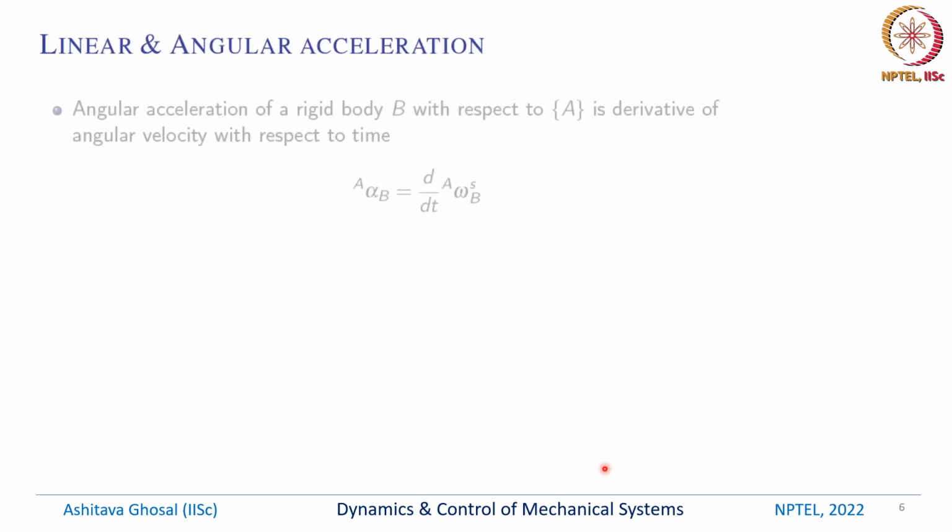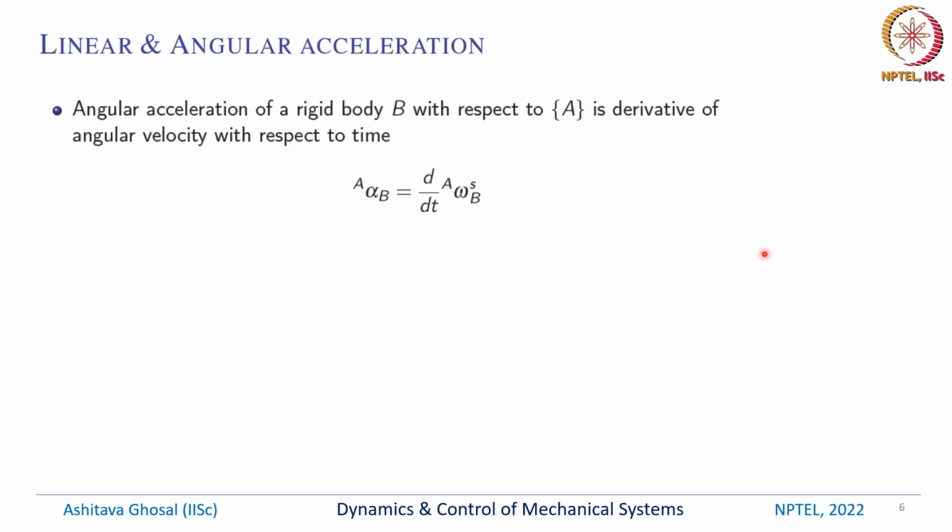Let's continue. The angular velocity and the linear velocity can be again differentiated to obtain linear and angular acceleration. Okay, so we will start with angular acceleration because that is sort of simple. The angular acceleration of a rigid body with respect to the A coordinate system is nothing but the derivative of the angular velocity with respect to time.